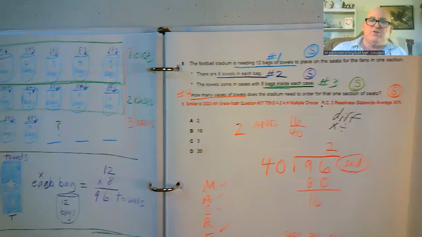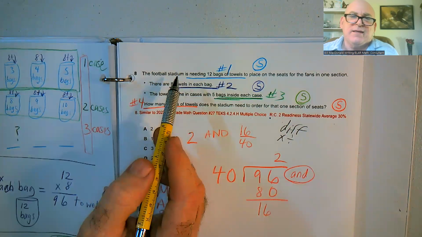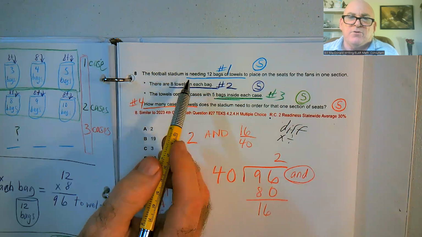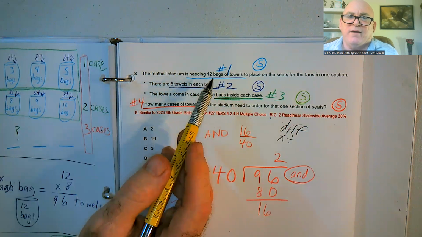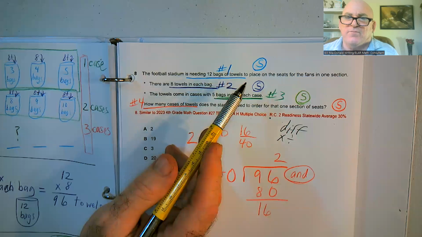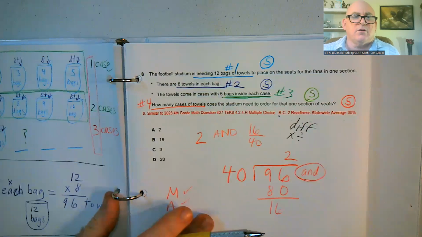So let's check out our first Skittle, or a blue Skittle, if we can do this little step. A football stadium is needing 12 bags of towels to place on seats for the fans in just one section. All right.